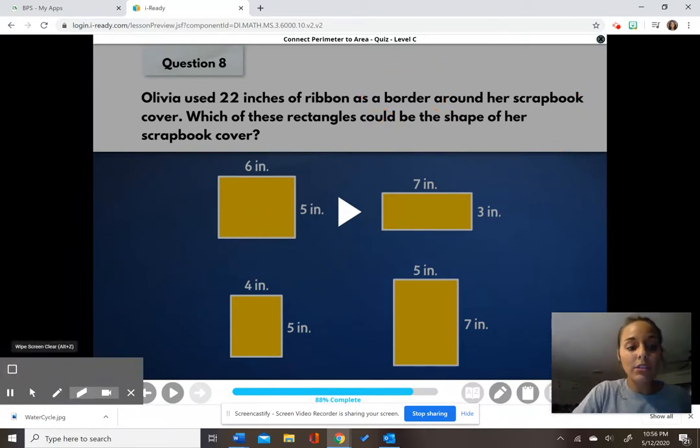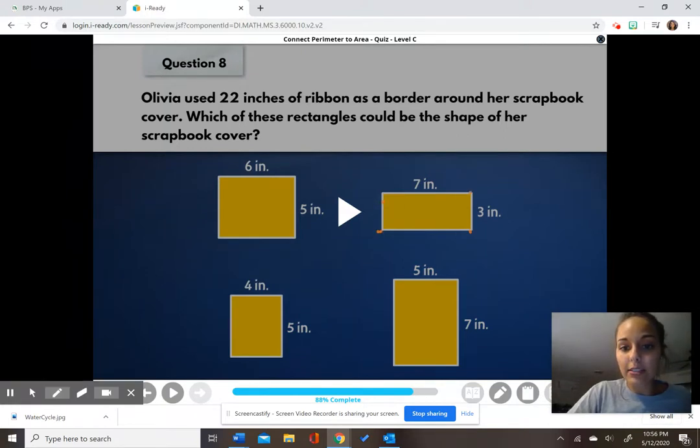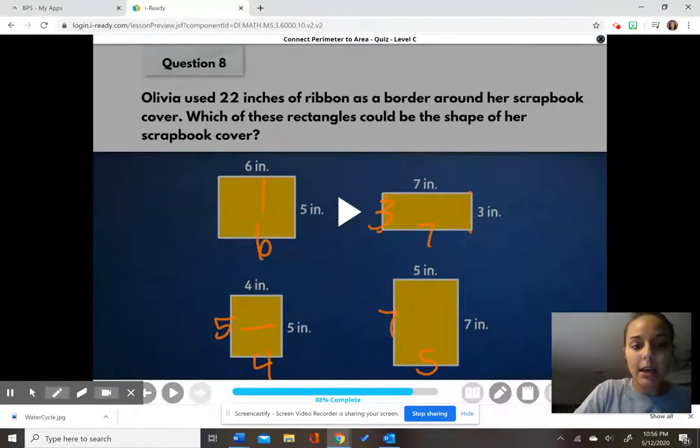But what you can do is for all of these, because they're squares and rectangles and they start and stop at perfect little dots like this, you can totally make the other side equal what the opposite is. So this would be 3, this would be 7, this would be 5, this would be 7, this would be 5 because it's the opposite, this would be 4 because it's the opposite, 6 because it's the opposite, 5 because it's its opposite.